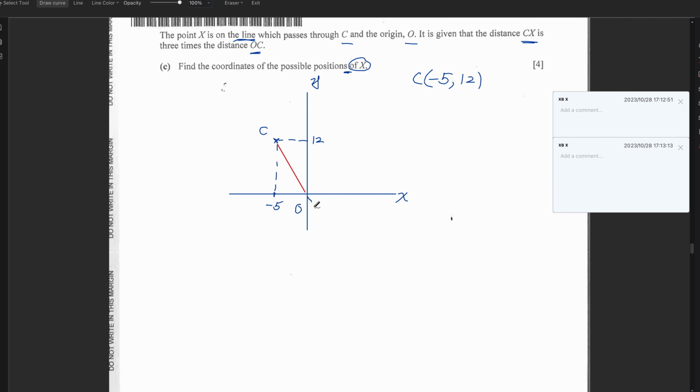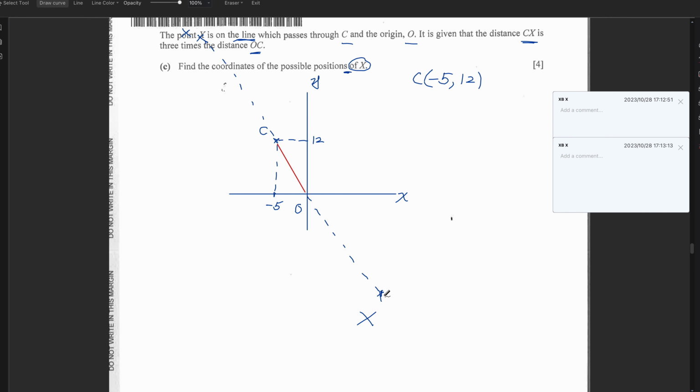So there are two possible positions. One is here, my X should be here, or it can be here, right?